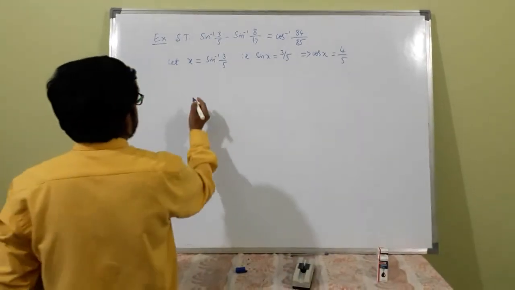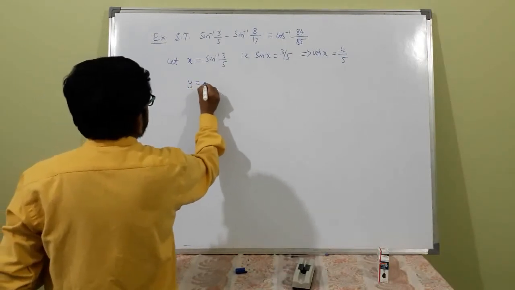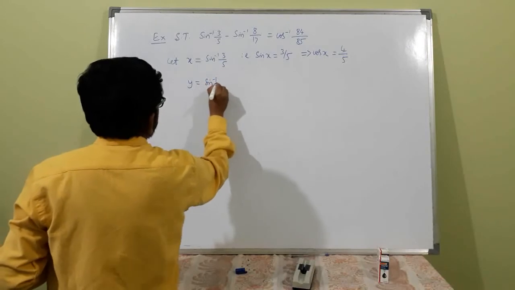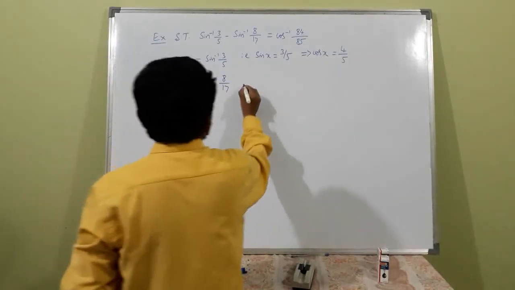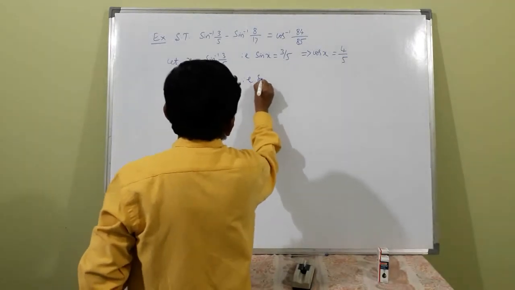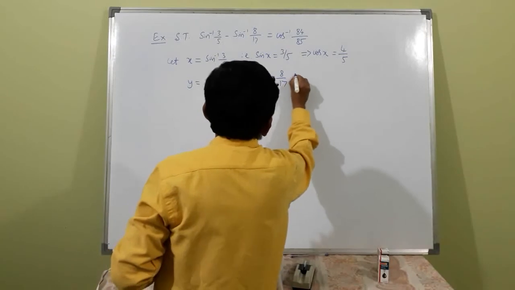And let y be sine inverse of 8 by 17, that is sin y is equal to 8 by 17.